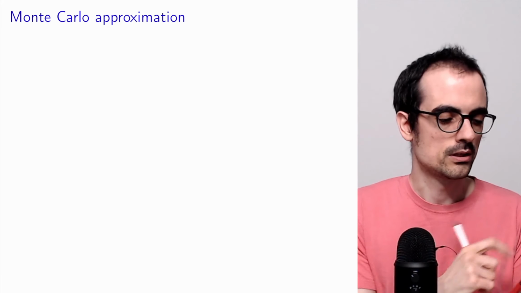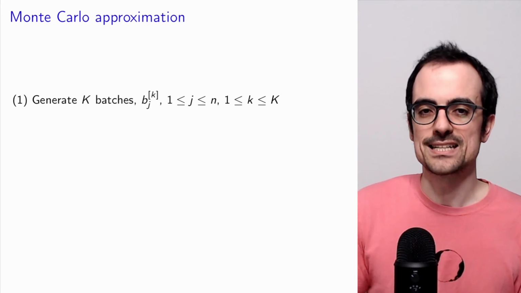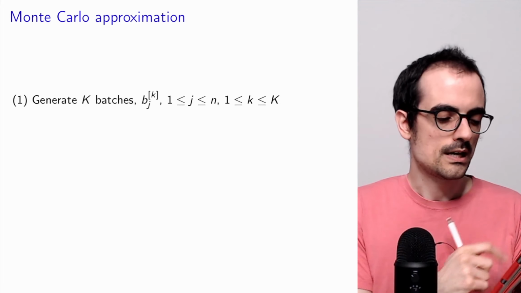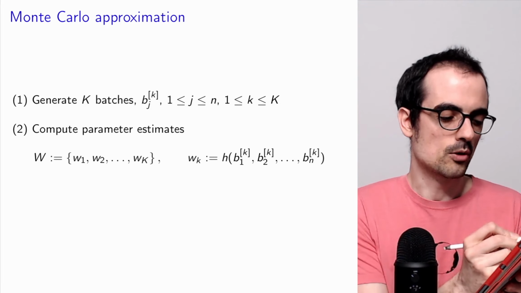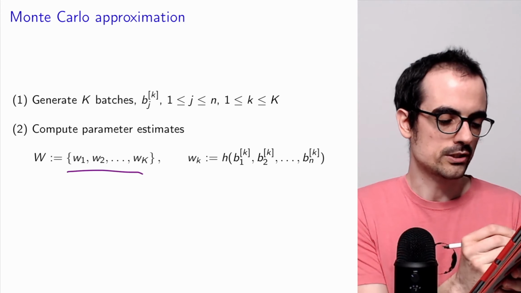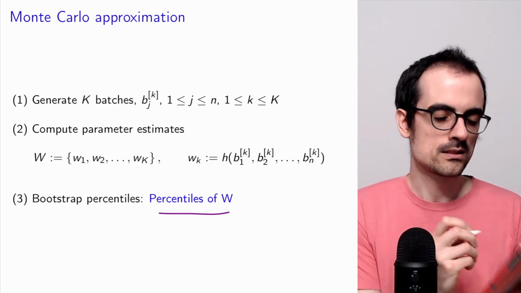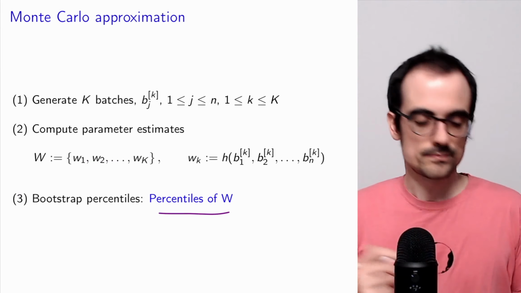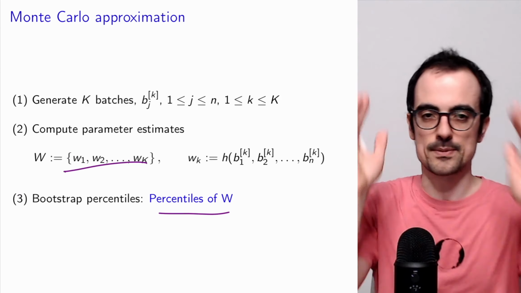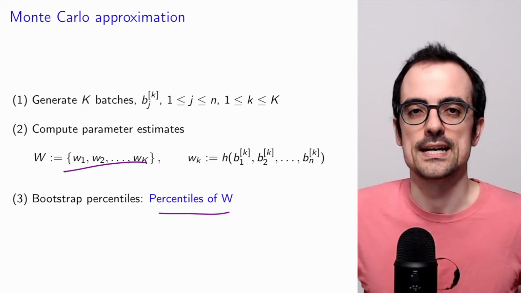Of course, how do we compute these percentiles? Well, we just take a Monte Carlo approximation. We generate many batches of bootstrap samples, and we compute the parameter estimates corresponding to each of the batches. And now we come up with percentiles so that out of these, 95% are within the percentiles.